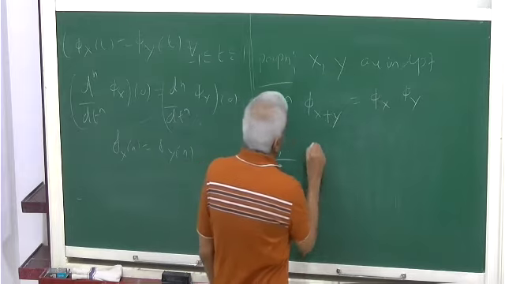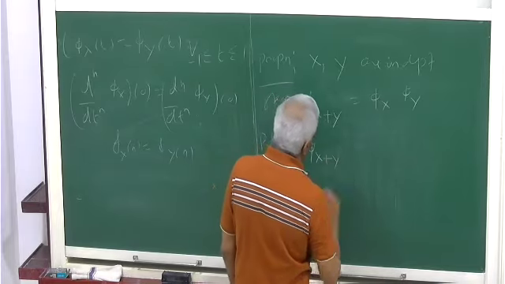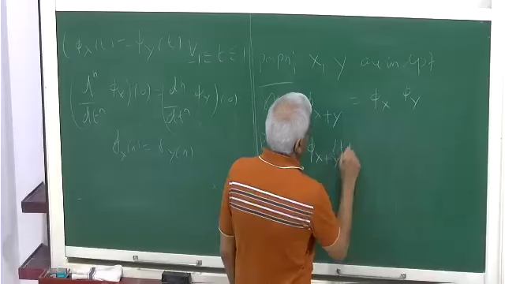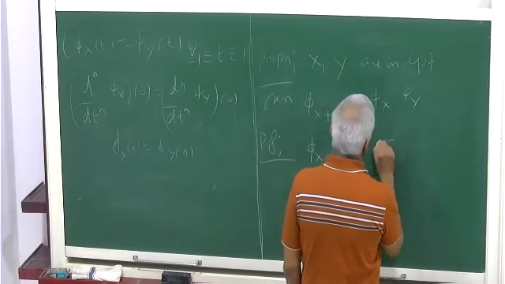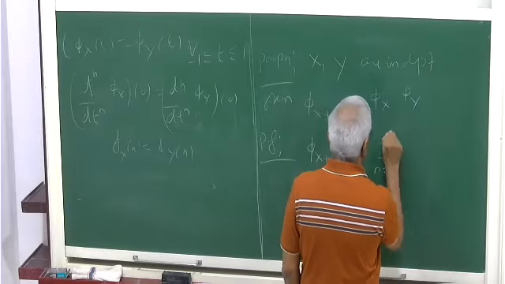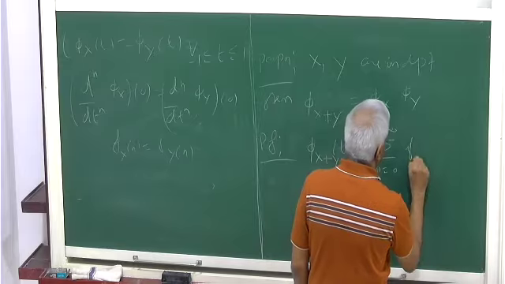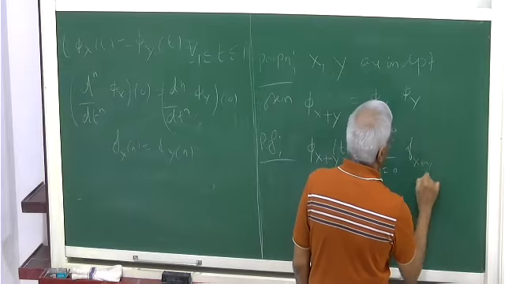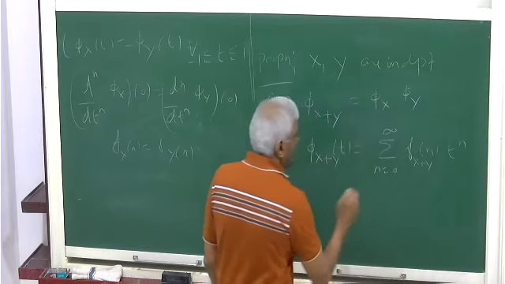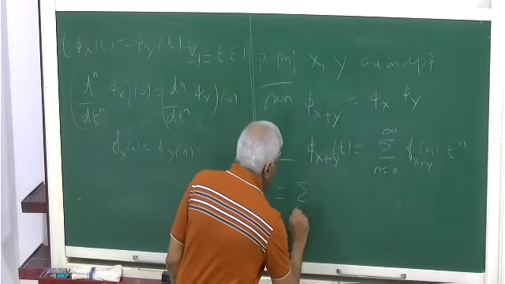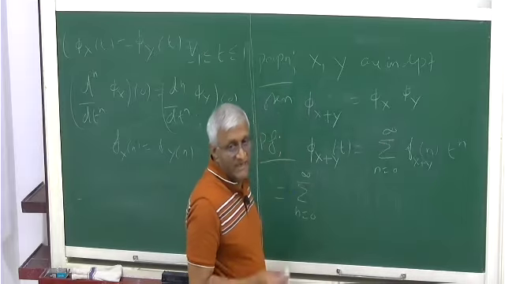Okay. So you want to compute phi x plus y at t, where t is between -1 and 1, which is equal to the summation n equal to 0 to infinity of f x plus y at n, t power n. I'm just writing the definition. We know what f x plus y is when x and y are independent.